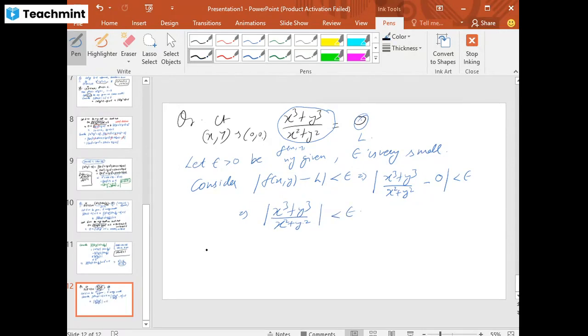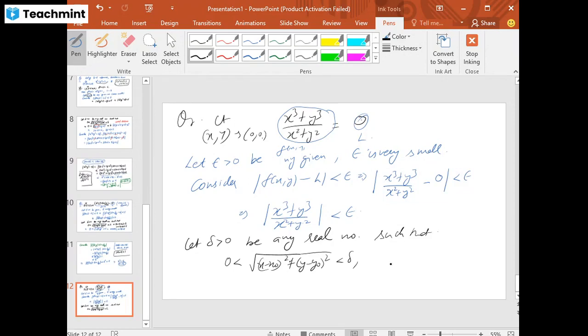So now again, let delta greater than 0 be any real number such that 0 is less than the square root of (x minus x naught) square plus (y minus y naught) square is less than delta, which also implies 0 is less than mod of x minus x naught is less than delta, and 0 is less than mod of y minus y naught is also less than delta.